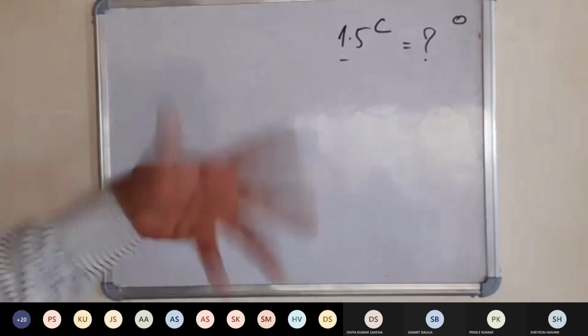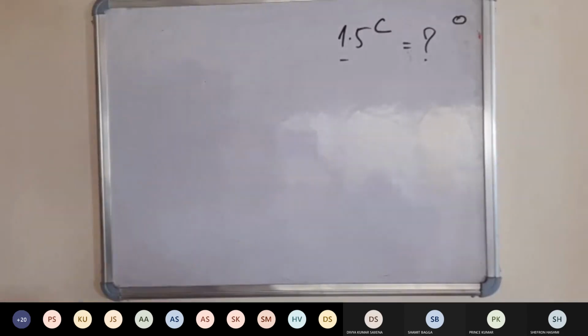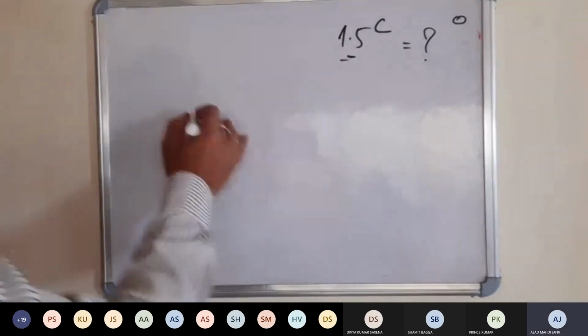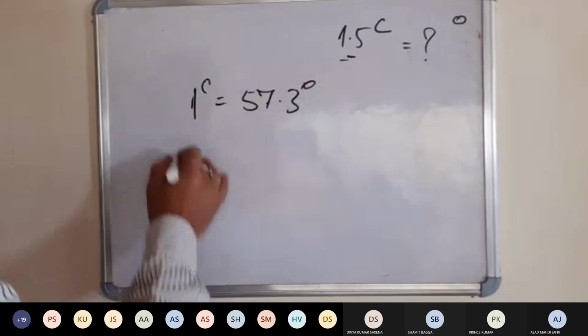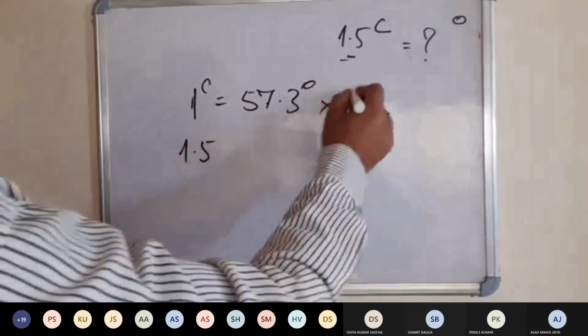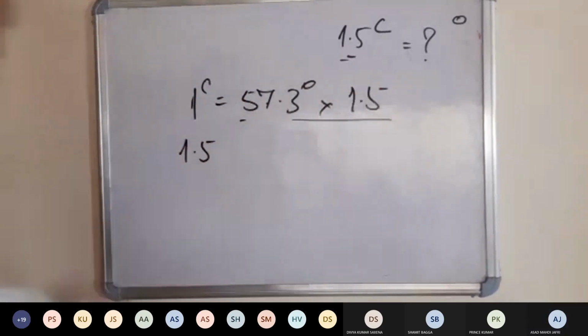So radian should be converted to what we use generally, the degrees. 57.3. 1 radian is equal to 57.3 degrees. So 1.5 is equal to 85.9, sir. 85 degree 57 minutes. Very good. Ekdam sahi baat.